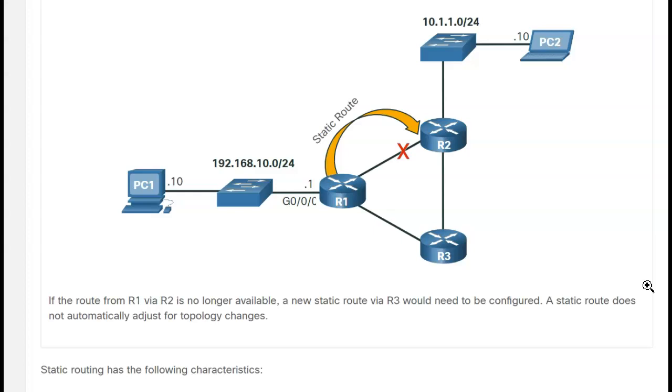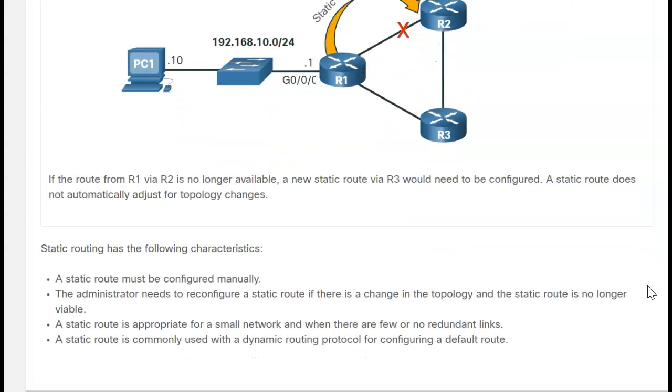So then you'd have to manually change that route to R3, and then let it go back up. So static routing is manually configured. The administrator needs to reconfigure that route if anything changes.